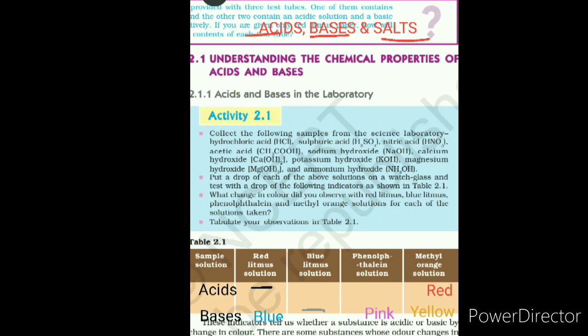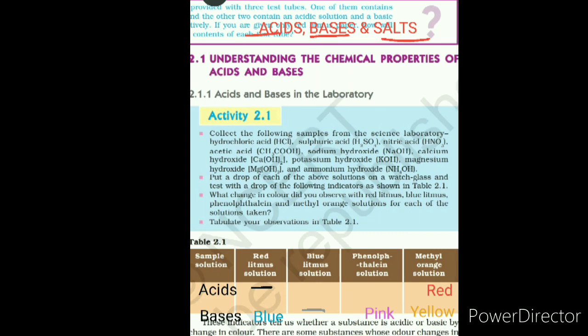We are taking several indicators. You are asked to collect some acids and bases from your science laboratory.